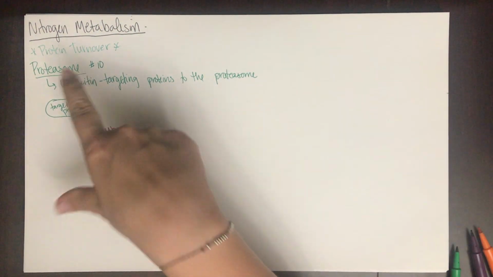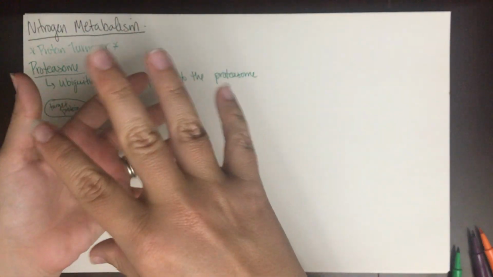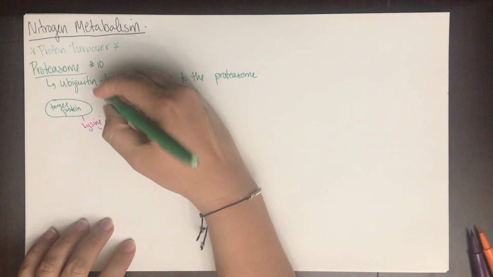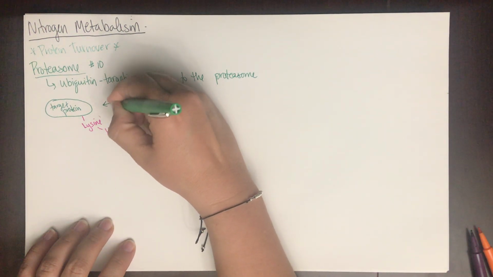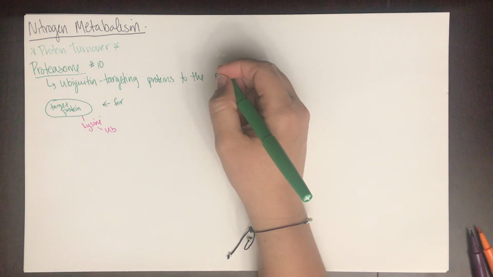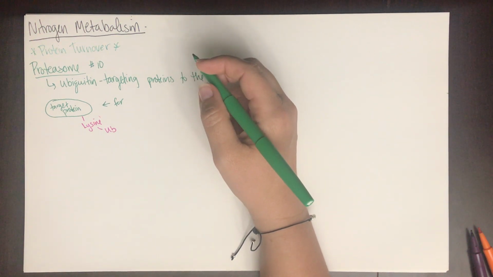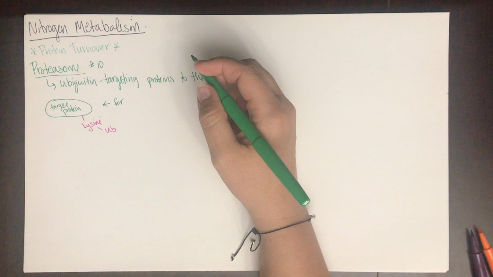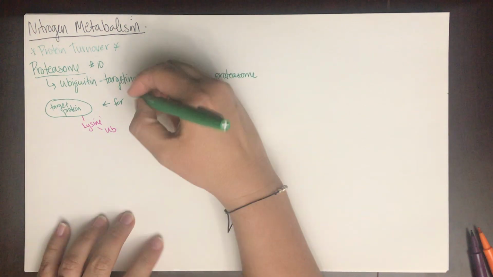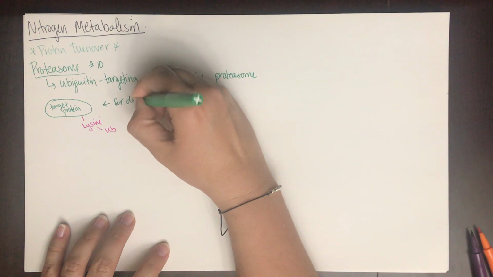The proteasome is kind of a barrel-shaped protein complex where a targeted protein, this target protein that has been targeted for degradation, goes in.